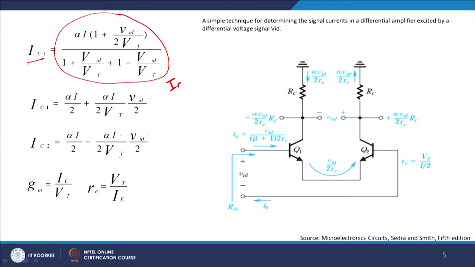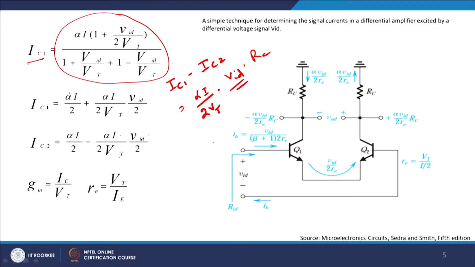If I take IC1 minus IC2, as I discussed, this part gets cancelled out and this part gets added up, and you get alpha I by 2 VT into VID. That is basically the difference in current. This multiplied by RC will give you the difference in voltage.